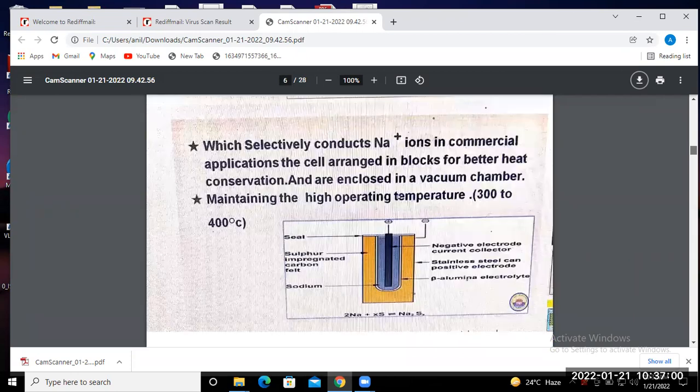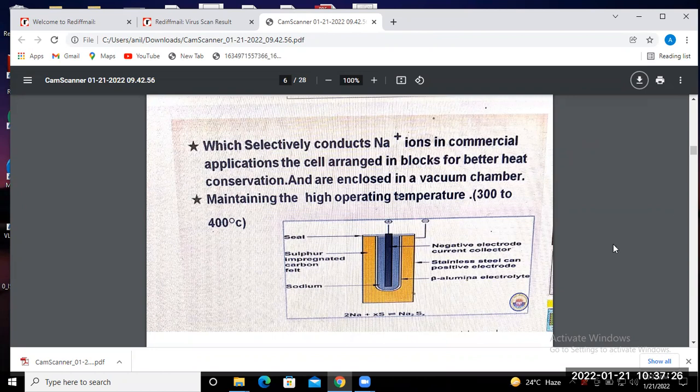So this is the structure of the chemical reaction of the sodium sulfur, which selectively conducts sodium plus ion. In commercial application, the cells are arranged in a block for better heat conservation and are enclosed in a vacuum chamber.